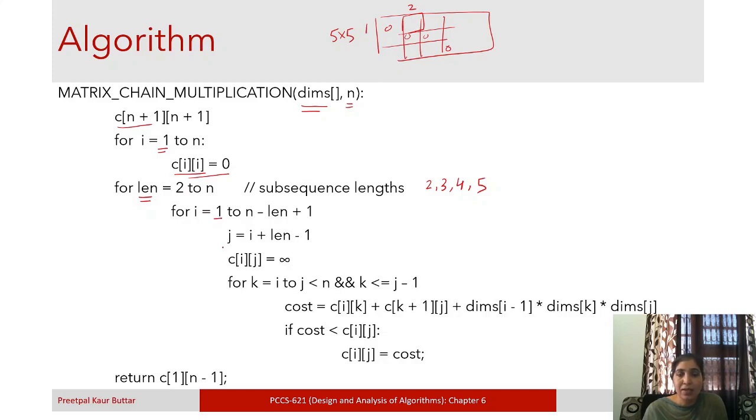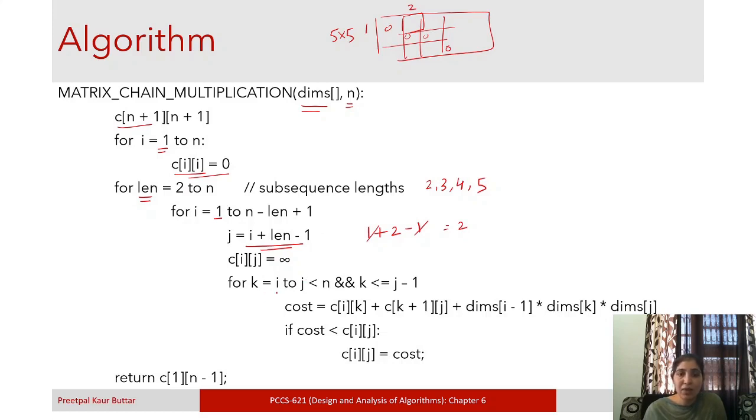When I is 1, then j is I plus length minus 1. So when I is 1, j will be 1 plus length, which starts from 2, minus 1. So 2. It means first we are computing 1 comma 2 and we are setting its cost equal to infinity.